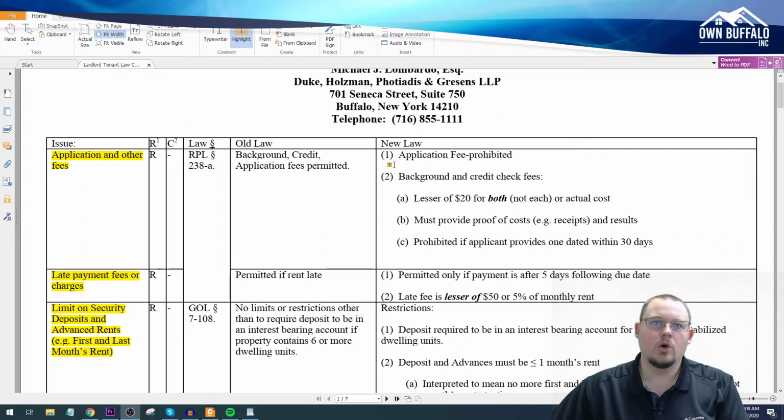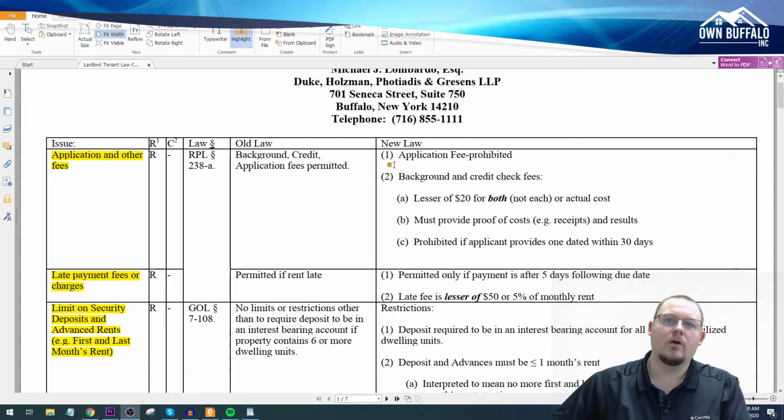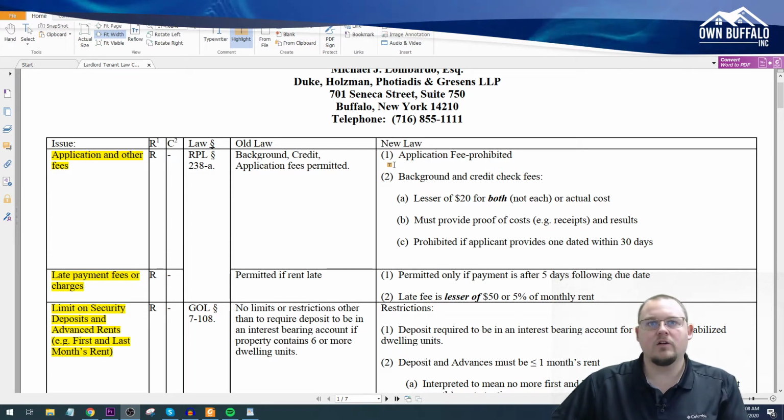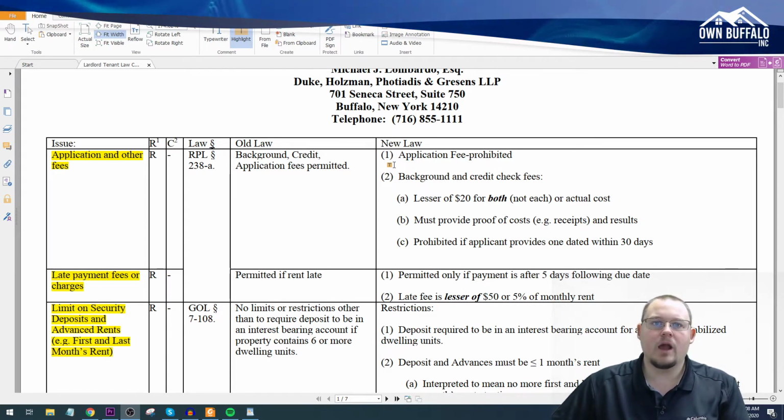So you have to be able to show a receipt if someone questions it, showing what you paid for the credit and background check. If it's under $20, you can only charge up to the amount you were charged. So it's a $20 maximum for credit and background checks combined. This is a little bit of a headache because more often than not, we're paying more than that $20 to run the credit and background checks.